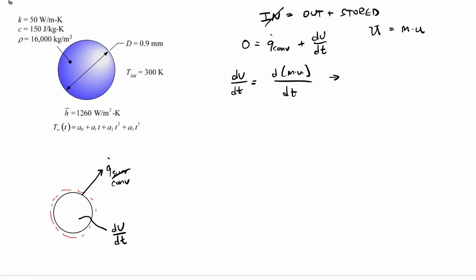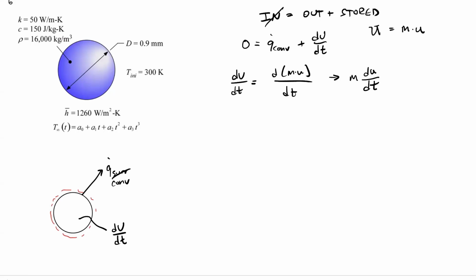Okay, the mass of the object is constant, so that can come out. And we end up with m times du/dt, lowercase u. So this is maybe a little helpful, but we're trying to get to temperature, right? U is not temperature. So we need to get to some representation that includes temperature.